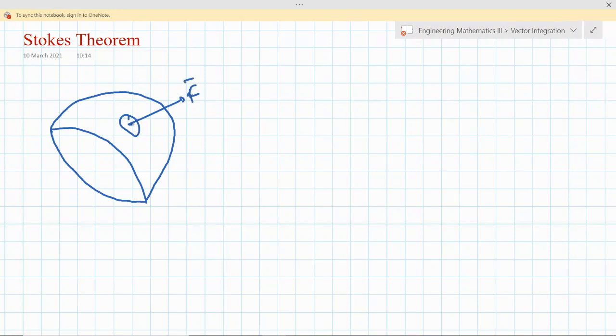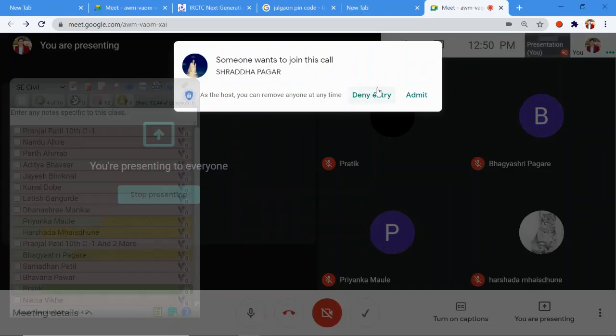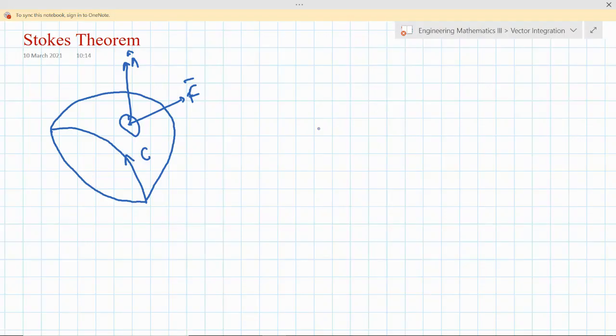And this is a normal n cap, and this is the open surface, and our closed curve is this C, closed curve.